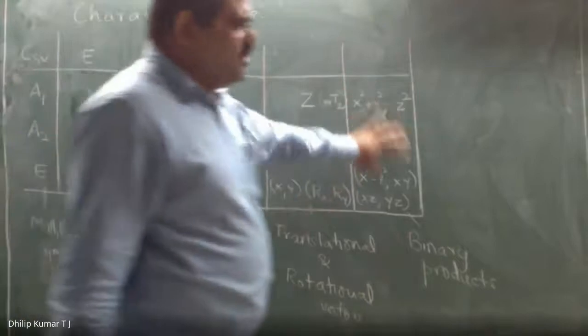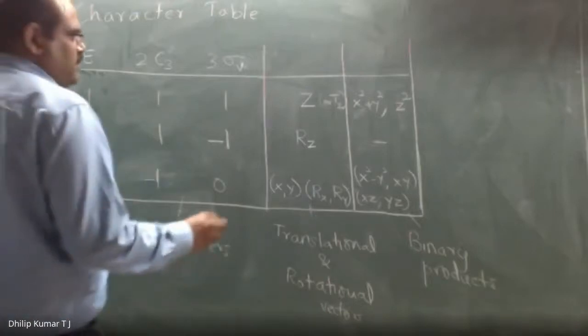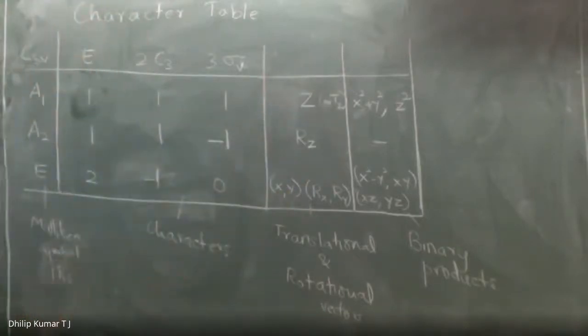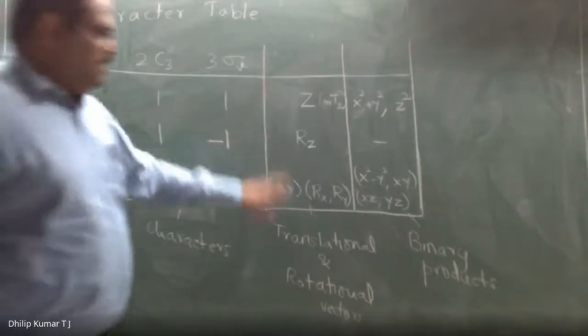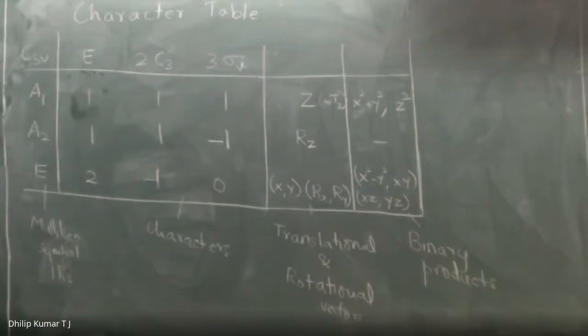So this is called the binary products. This becomes relevant when we study metal complexes. But today we will concentrate mostly on the translational and rotational vectors column, and these are the characters. So this is the typical character table for C3V.